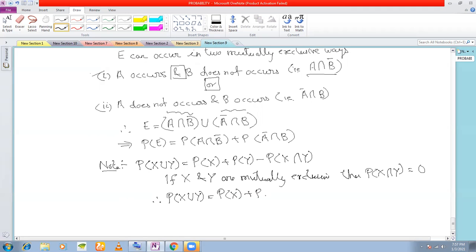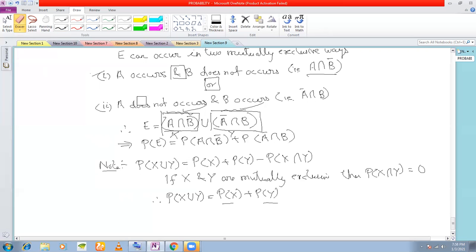Here, the event A intersection B complement and this event are mutually exclusive, so we can add their probabilities. That is why I've written P(A intersection B complement) plus P(A complement intersection B). Very, very important concept.